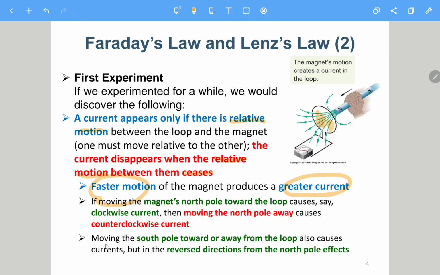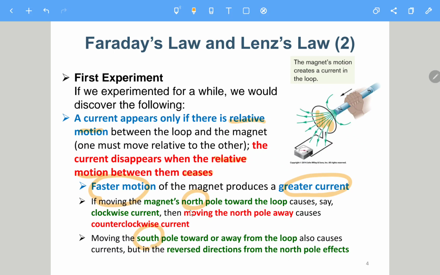And then if you move the south pole towards or away, it also causes current, but in the reverse direction from the north pole effect.